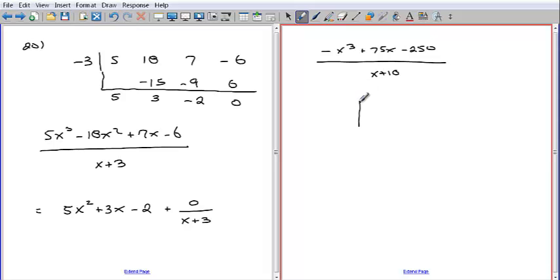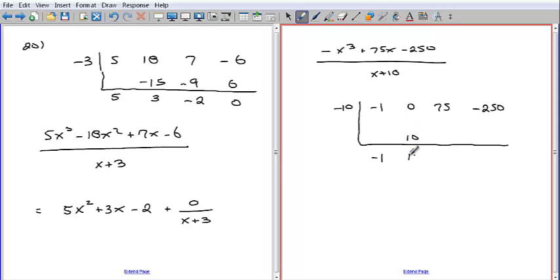So again, we write our little bracket thing. We're dividing by x plus 10, so we're going to use negative 10 here. We have a negative 1 for the x cubed. We have 0x squared. We have 75x, and we have negative 250 for the constant. So we bring that down, negative 1. Negative 10 times negative 1 is positive 10.